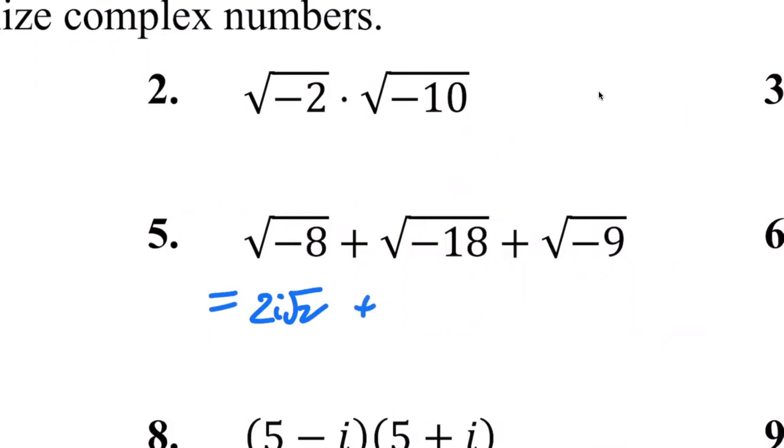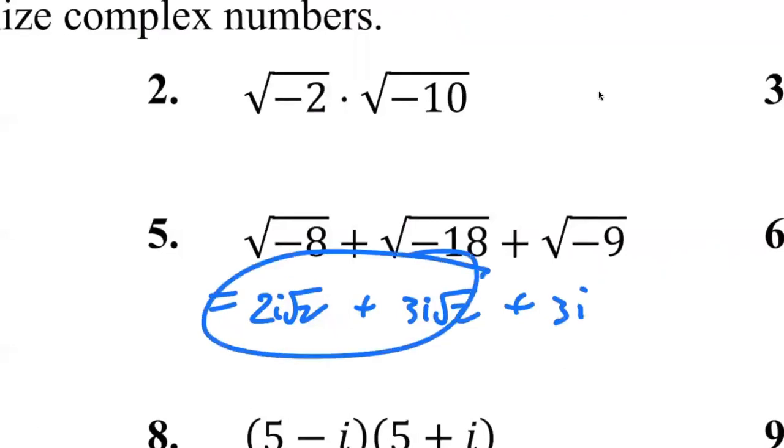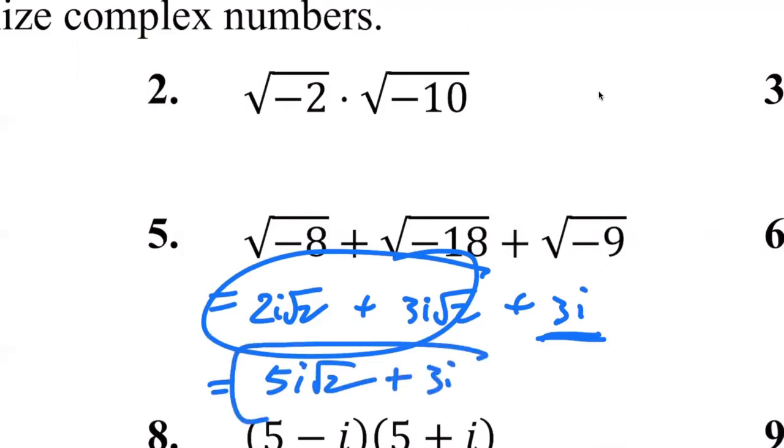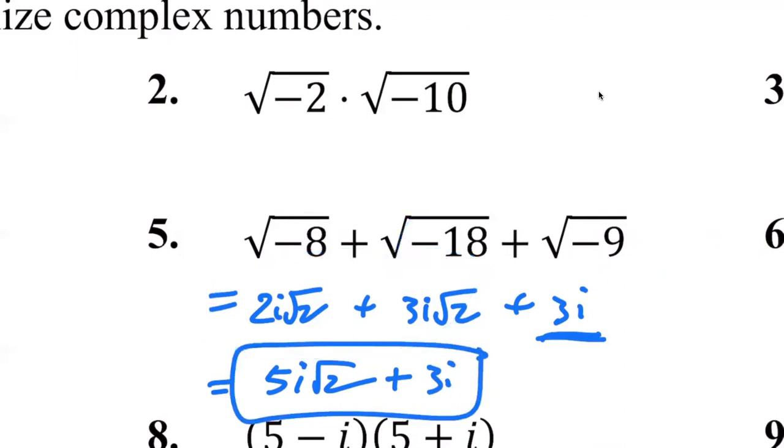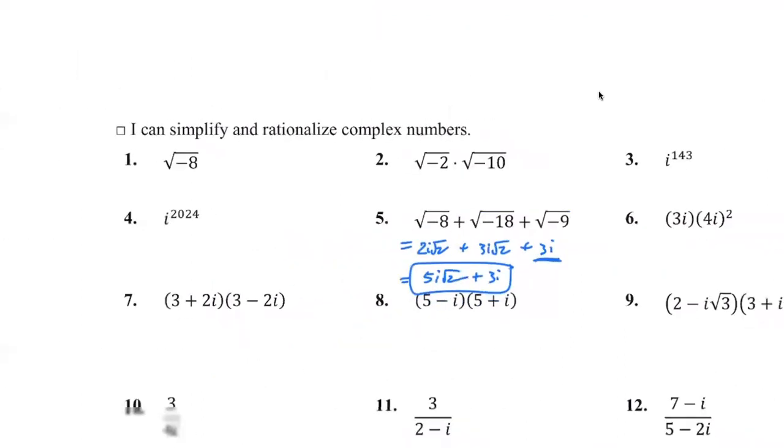Square root of negative 18 would be 3i root 2, because 18 is 9 times 2. And this one is just simply 3i, right? And these two are not like terms, 3i is not really the same kind. So you have 5i root 2 plus 3i as your final answer. Just make sure that you are taking the like terms into consideration.